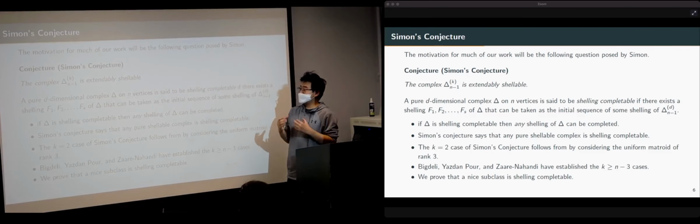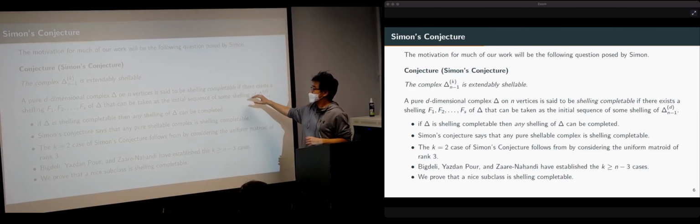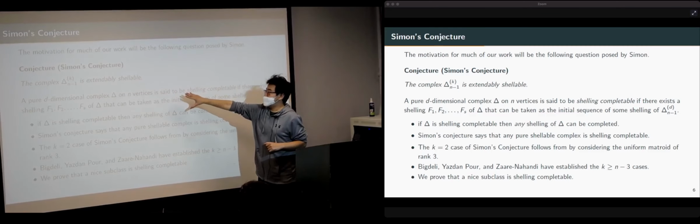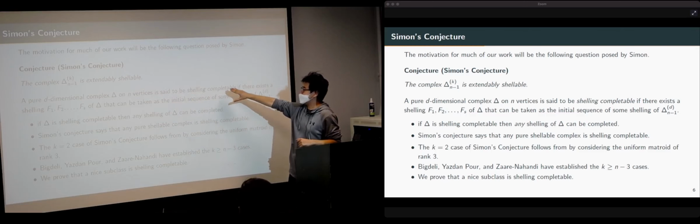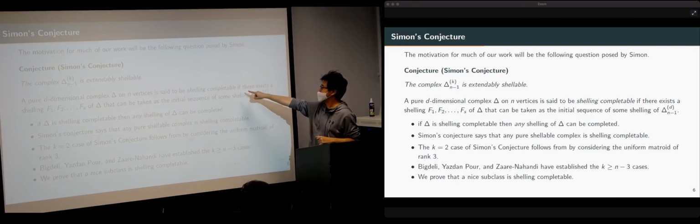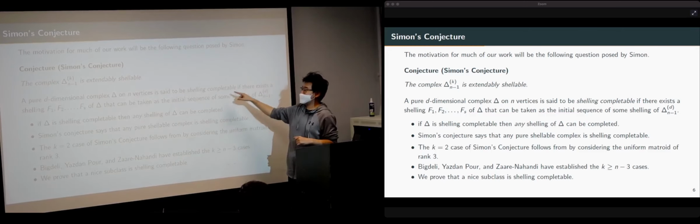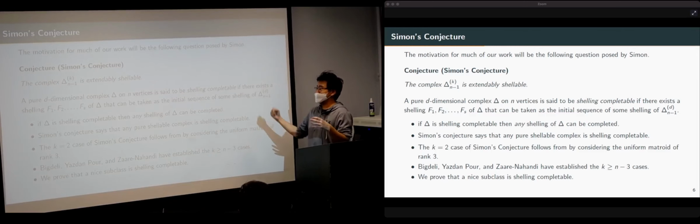What does this mean? A pure d-dimensional complex is said to be shelling completable if, given any shelling, you can keep adding facets and maintain a total shelling of the k-skeleton of a simplex.